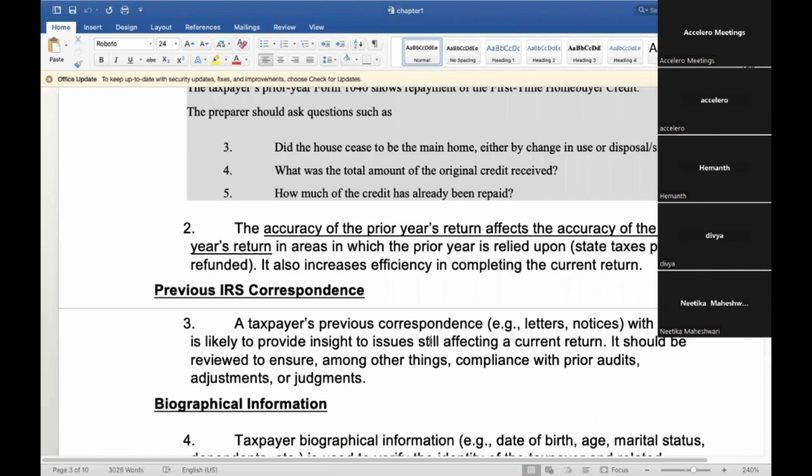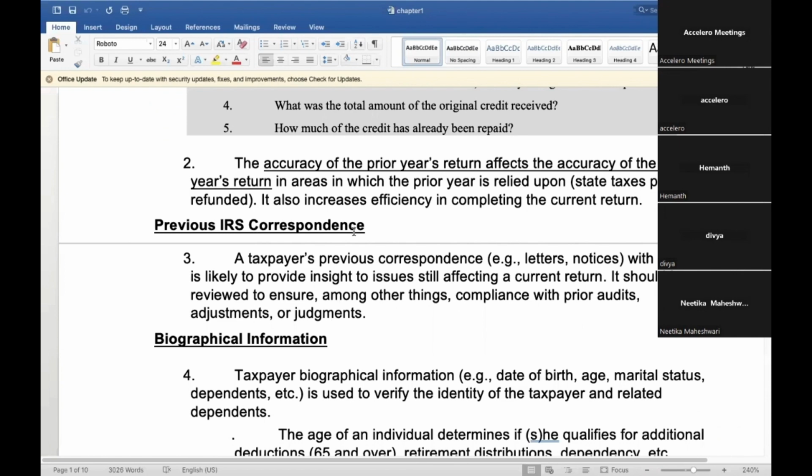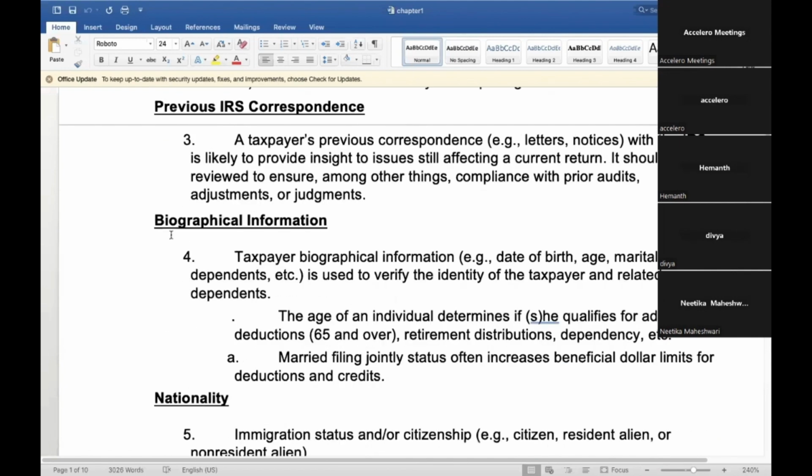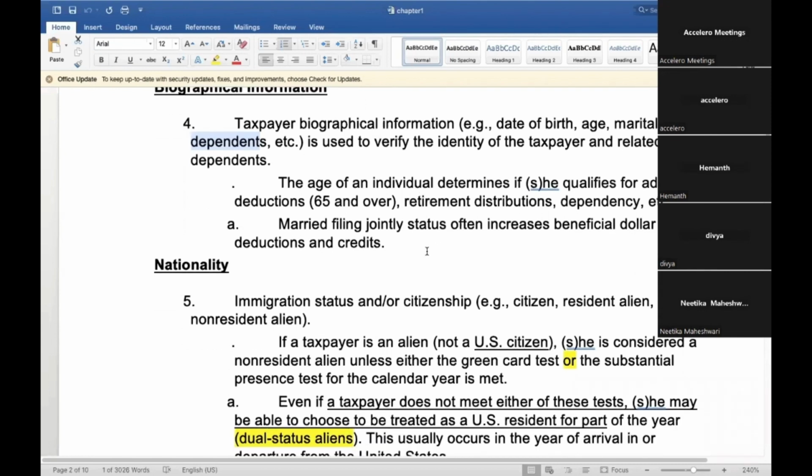One is that we definitely need to pay attention to the prior year return. We have to go through any IRS correspondence if something was done last year. Biographical information is very important, including marital status, not just date of birth, and even dependents, because we take marital status and dependents into account for calculating US taxes.